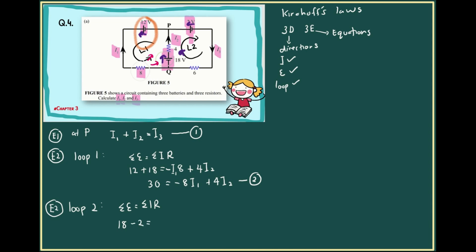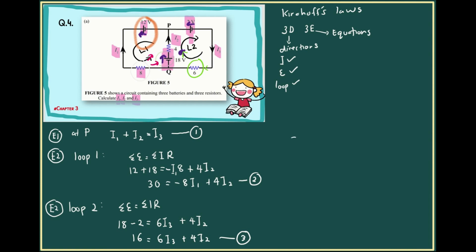We have resistor 6 with I3 flowing here with similar direction to the loop, so positive 6 I3, and one more is 4 I2. Again, positive. We simplify the equation: 16 equals 6 I3 plus 4 I2. Then you'll have your third equation.